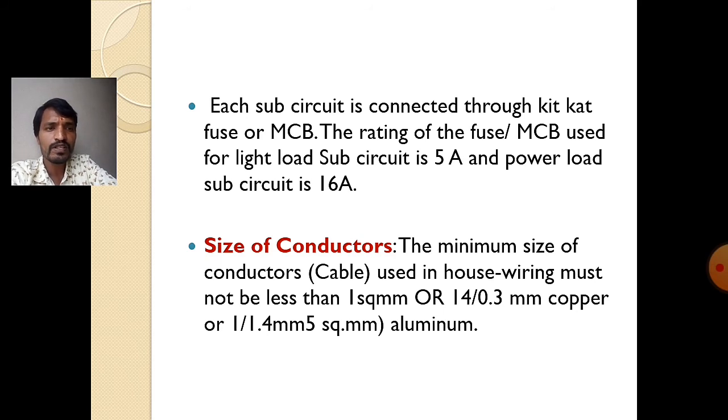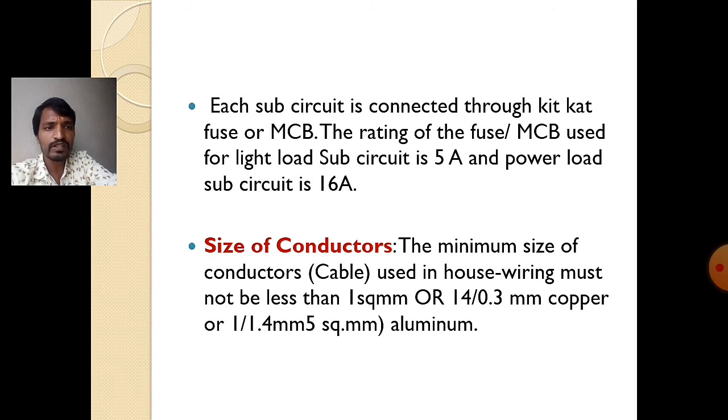Next, coming to the next topic, size of the conductor. The minimum size of the conductor cable used in house wiring must not be less than 1 square mm. It is 1 square mm, or 14 by 0.3 mm for copper and 1 by 1.4 mm for aluminum.